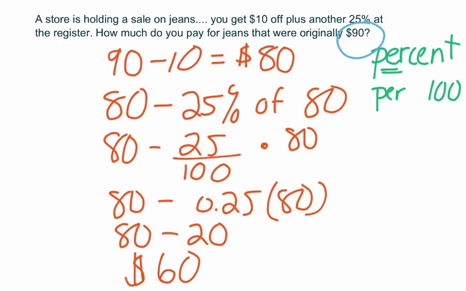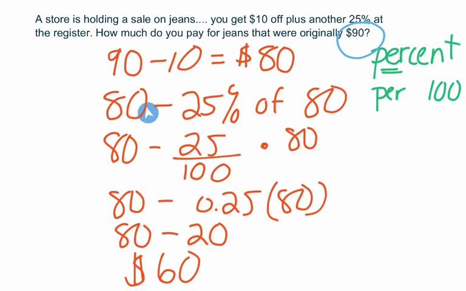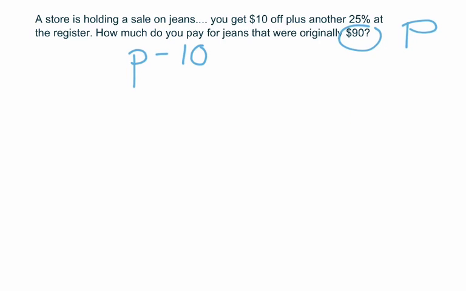So over here, and notice I'm using a strategy here. I'm using a problem that's fully numbers to help me reason my way through a problem that has some variables in it. So there's actually a strategy here. So we've got 80 minus 25% of 80. Well, I don't have 80, I have P minus 10.